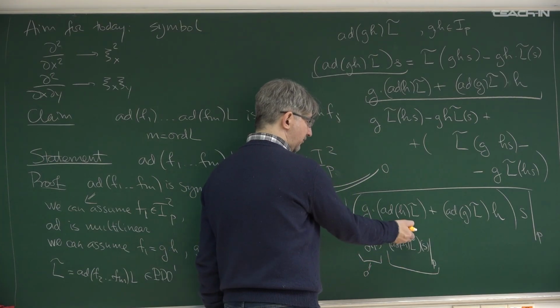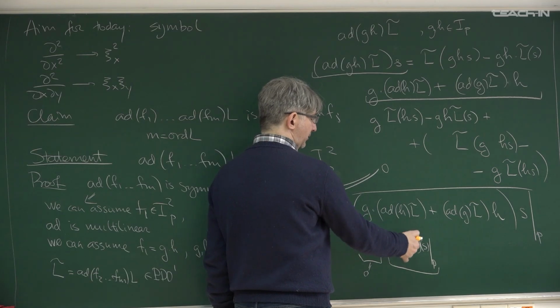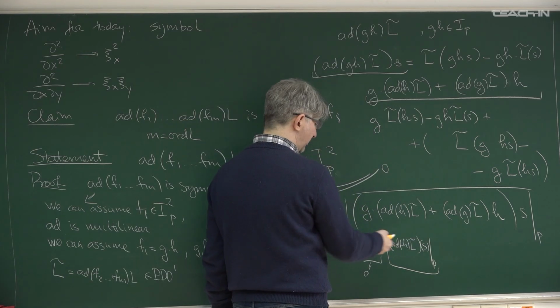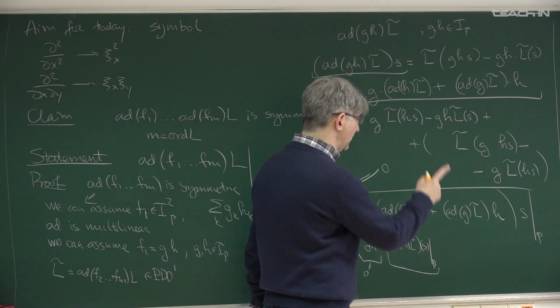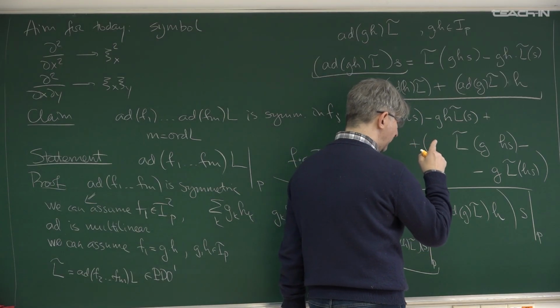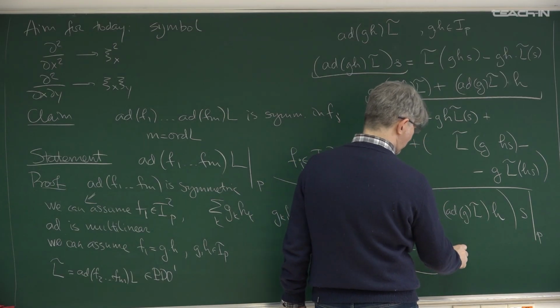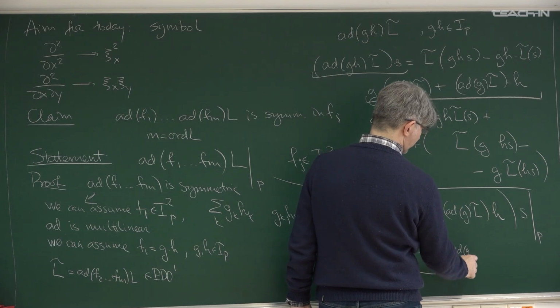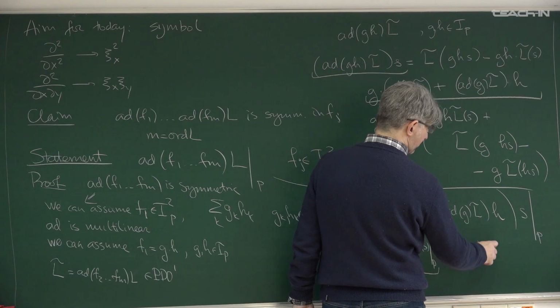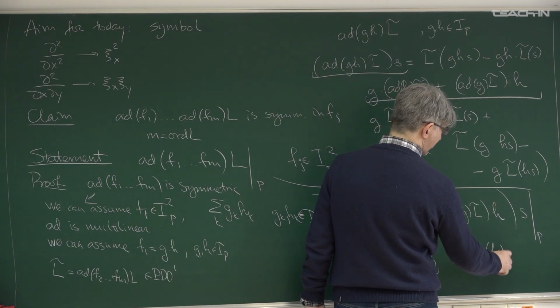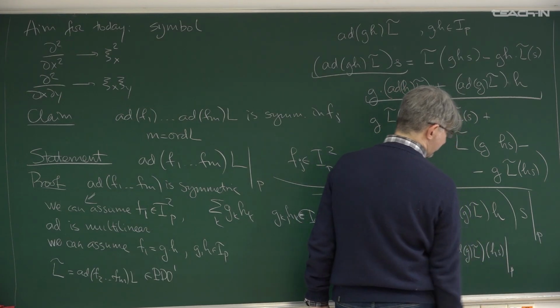You multiply the result of application of this operator to the section by the function. So this is 0. But something different happens here, because you are applying this operator to HS, and then you substitute P.